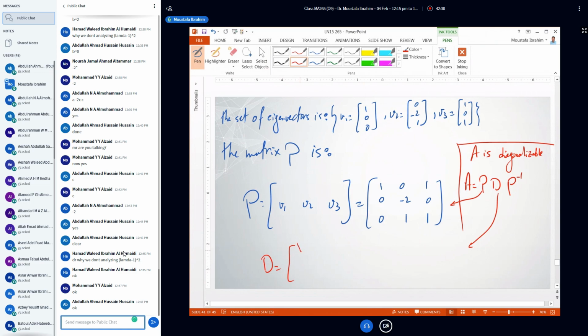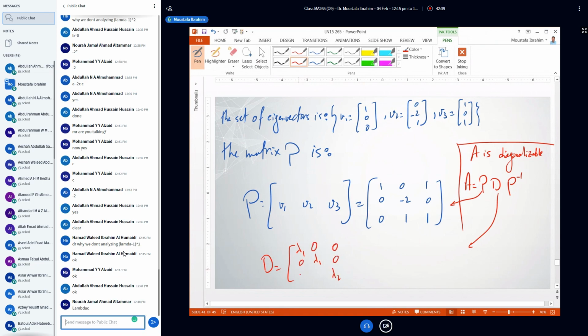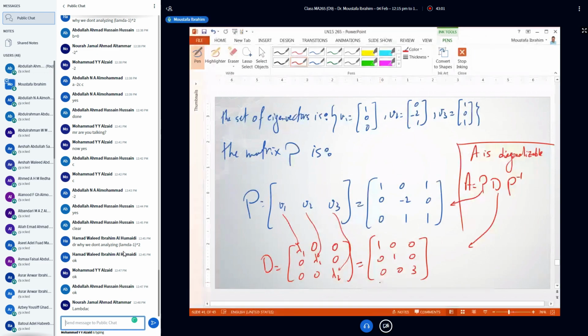Here we put for V1 lambda 1. V2 also corresponds to lambda 1. V3 corresponds to lambda 2, right? We put them in order. V1 corresponds to lambda 1, V2 also corresponds to lambda 1, V3 corresponds to lambda 3. So we get lambda 1 was 1 and lambda 2 was 3. Correct? Is it clear, guys? Very good, Nora.